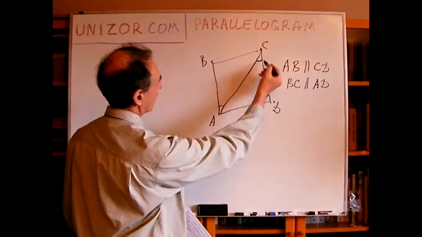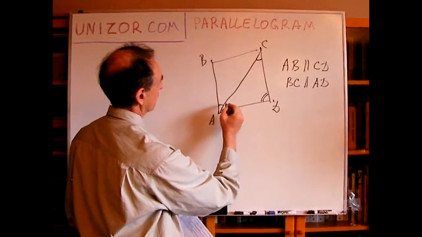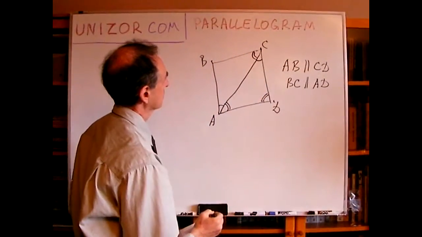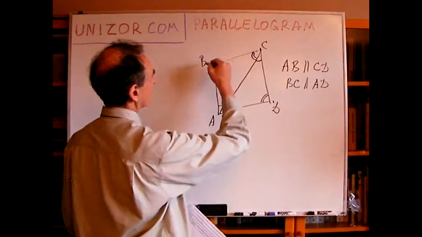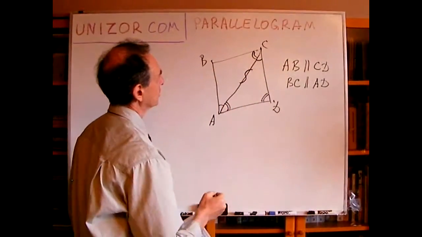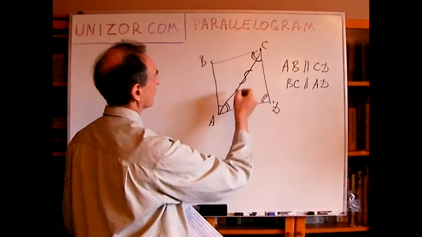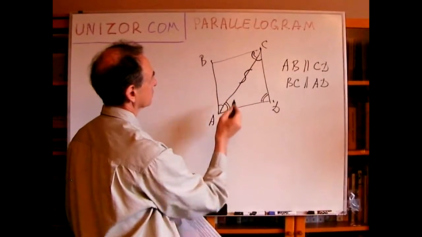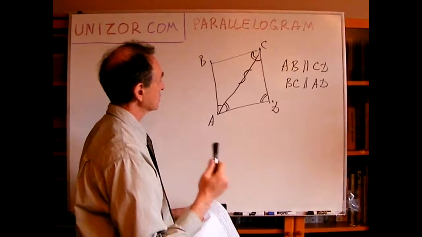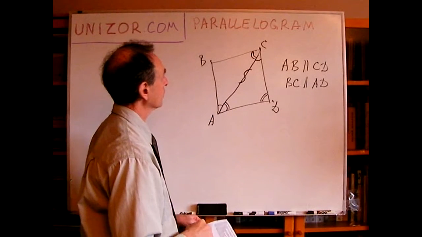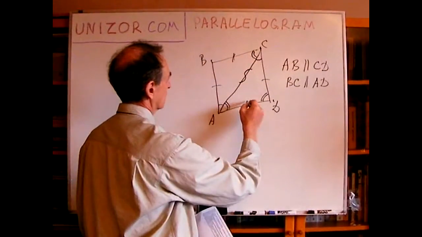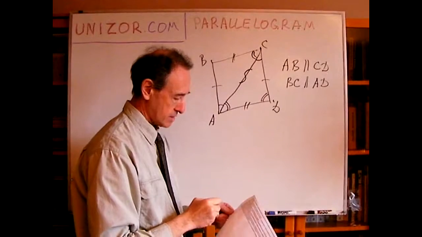And because they are alternate interior angles, and this one is congruent to this. Now, in these two triangles, you have one side common, and two adjacent angles are congruent to corresponding angles of another triangle. That's why triangles are congruent, and that's why corresponding sides are congruent as well.